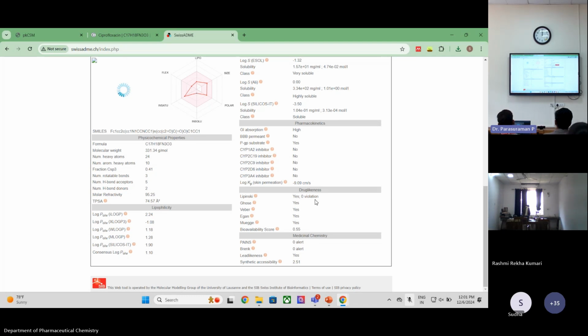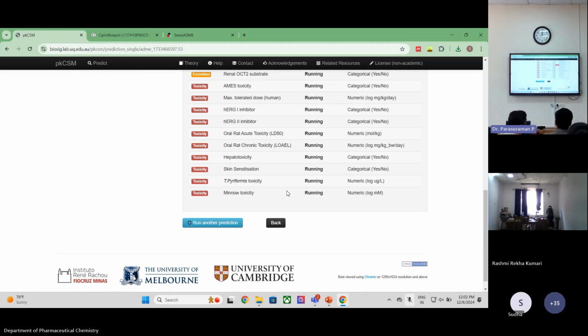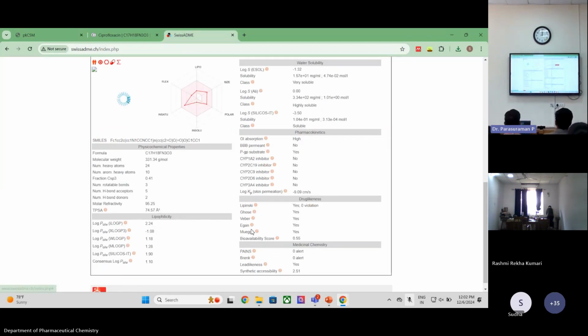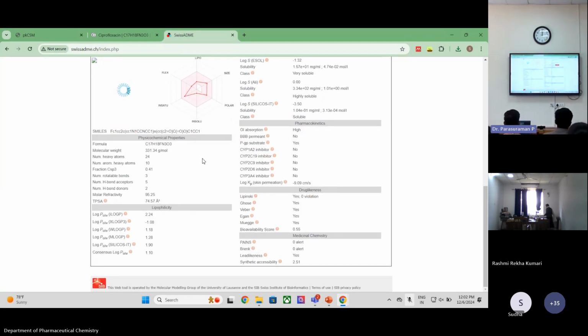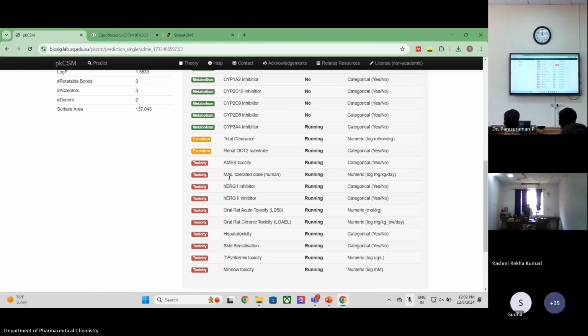So it will show if it is showing any violation or if it is obeying the rule or not. In pkCSM, you will get only the results. Here you will get some different parameters also. So I'll suggest you can use both. It is still running. Okay.